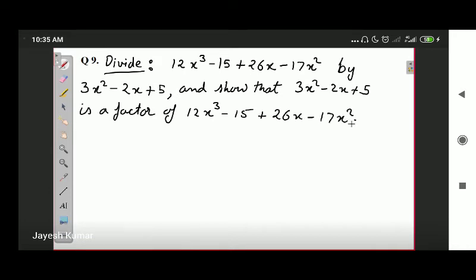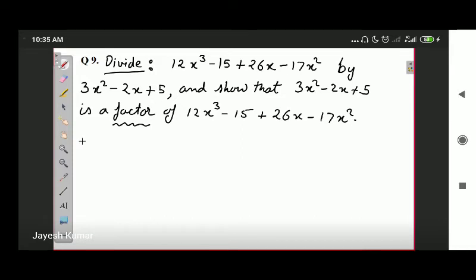In this question you have to do two things. First of all, you need to determine the value of the remainder and quotient by dividing 12x cube minus 15 plus 26x minus 17x square by 3x square minus 2x plus 5. After that you have to determine whether this binomial is a factor of this trinomial or not. So how do we determine whether it is a given factor or not?